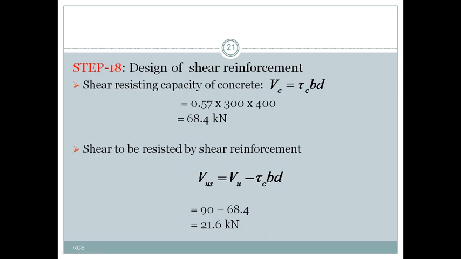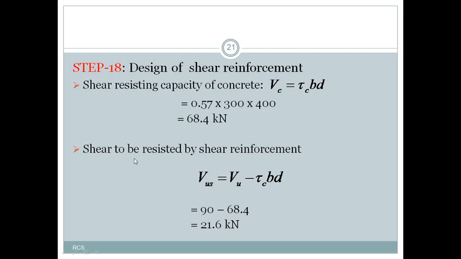That can be calculated by deducting the shear resisting capacity of concrete from the total shear force on the beam. Let us calculate the shear resisting capacity of concrete. That is Vc equal to tau c into b d. Tau c we have already calculated in the previous slide. That is 0.87 into 300 into 400. From this we will get 68.4 kilonewton as the shear resisting capacity of concrete.